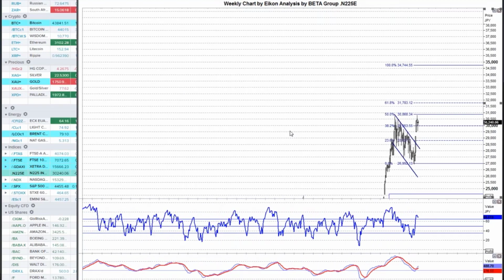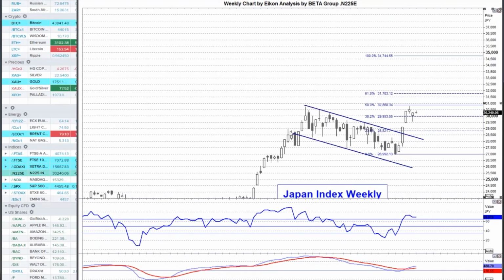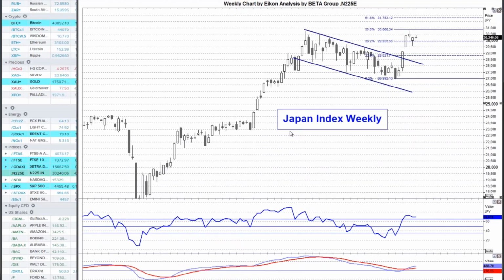I've been very bullish on this one. It's one that a lot of people don't take much notice of. They still have the mindset that Japan is in stagnation and things like that. It's not at all the case. This has been a great bull market, which does look as though it's got a long way to go yet, without being into blue sky, to meet its old highs of 1990.